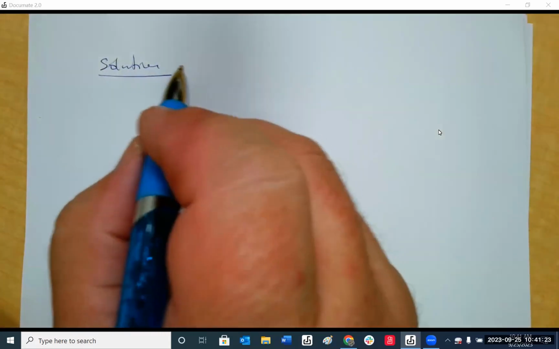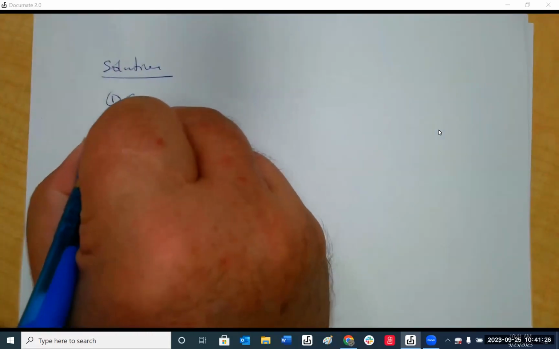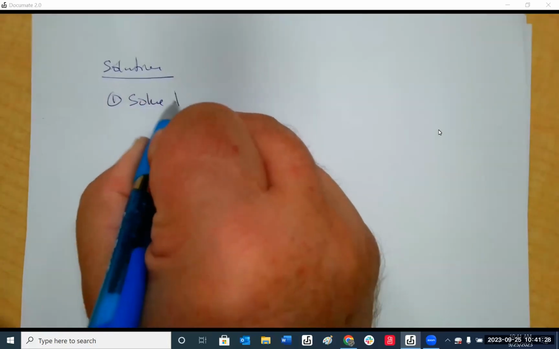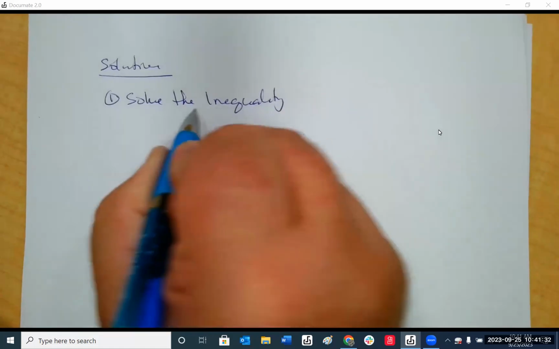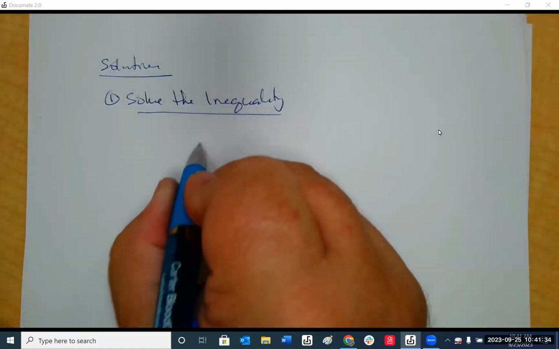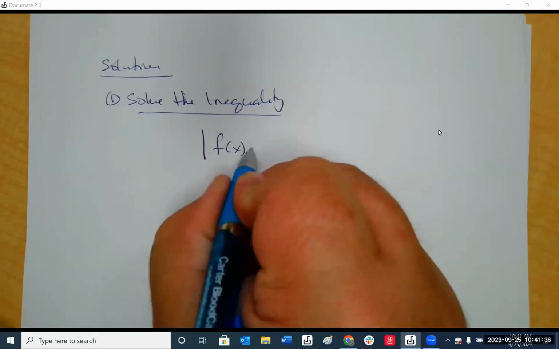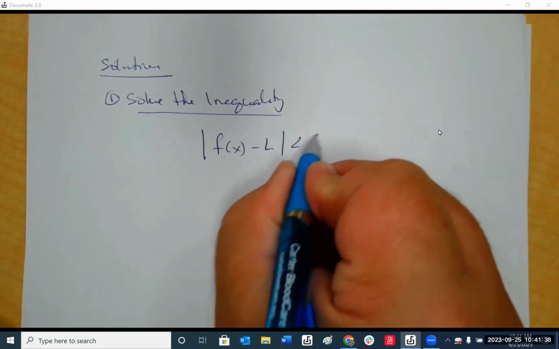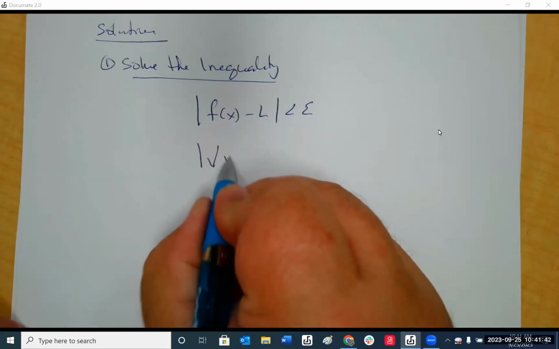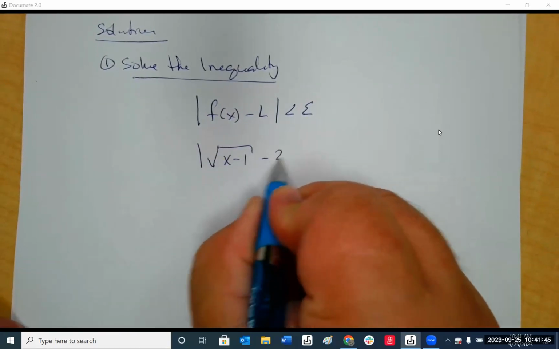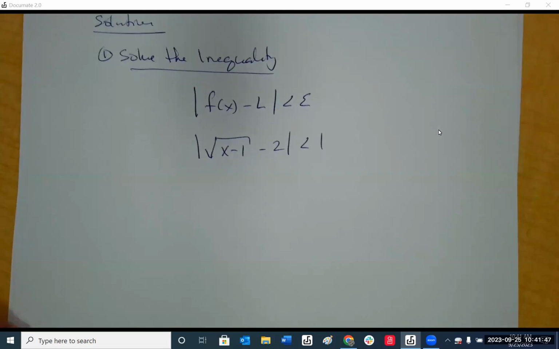Solution: solve the inequality |sqrt(x - 1) - 2| < 1.